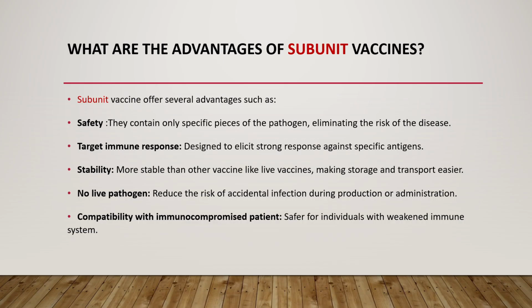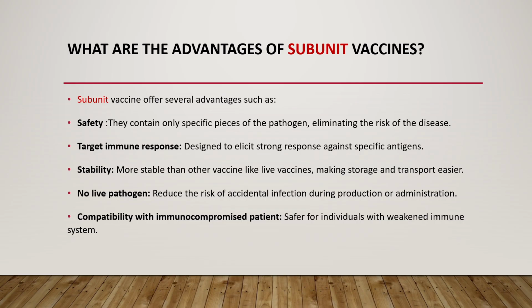What are the advantages of subunit vaccines? Subunit vaccines offer several advantages, such as safety. They contain only a specific piece of antigen, which can help in eliminating the risk of disease. They also target the immune response, designed to elicit a strong response against a specific antigen.